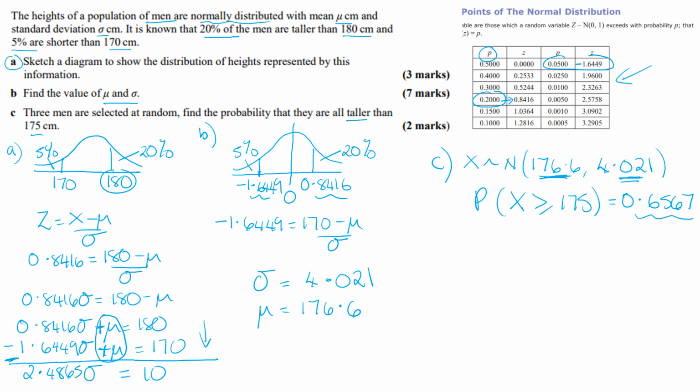But then the question's asking us to get 3 men, so I want the first man and the second and the third. And what does that word mean in terms of probability? And means multiply, so the probability for 3 men is going to just be that probability that we've worked out for 1 man times by itself 3 times, so that's going to be cubed. And if you do that on your calculator, it comes out to be 0.282.